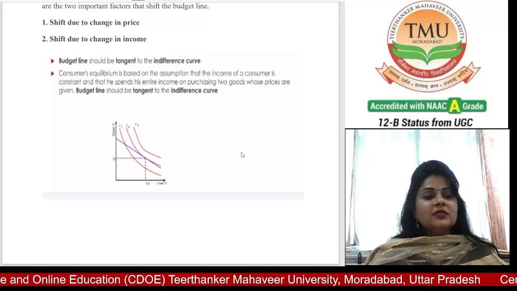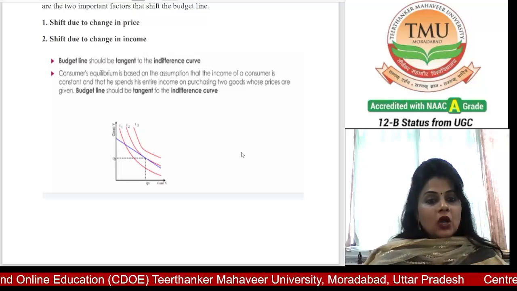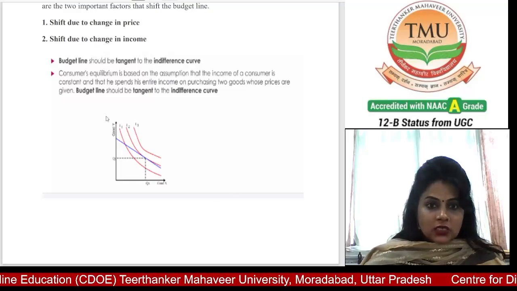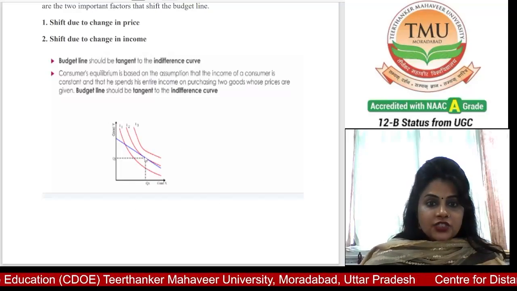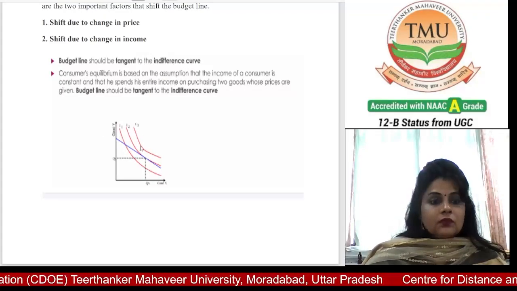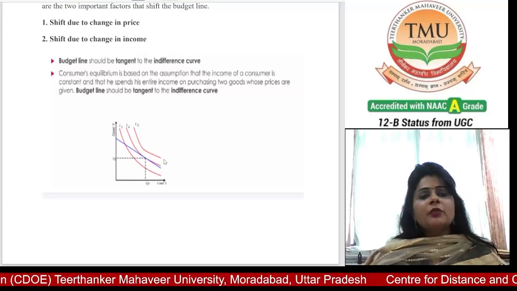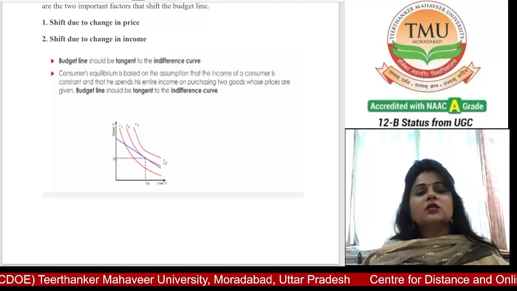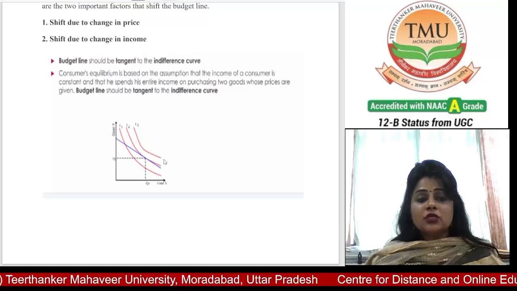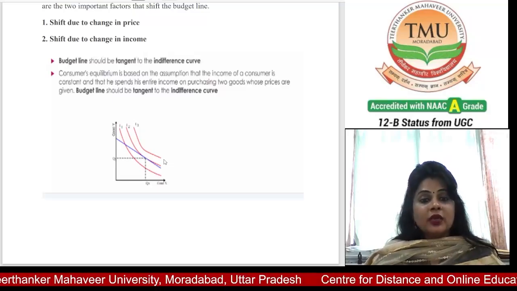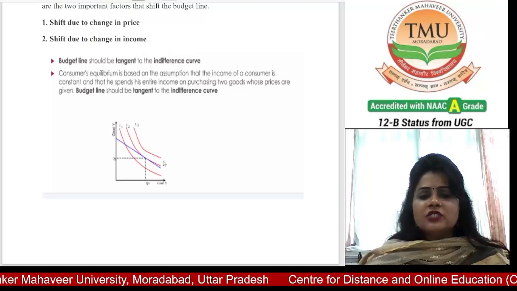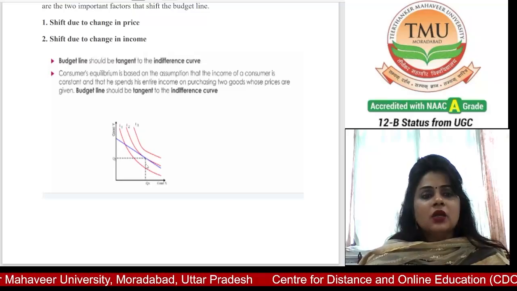To maximize utility, a consumer chooses a combination of two goods at which an indifference curve is tangent to the budget line, as you can see in this figure.